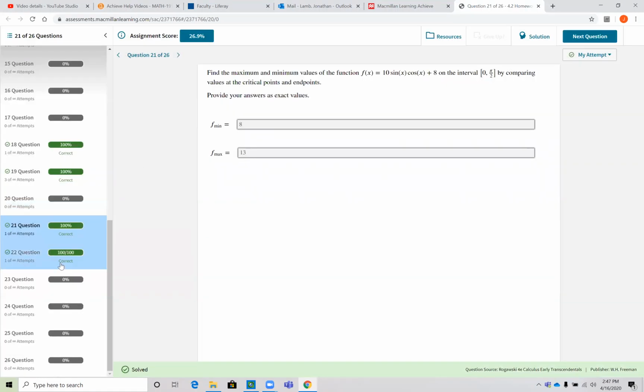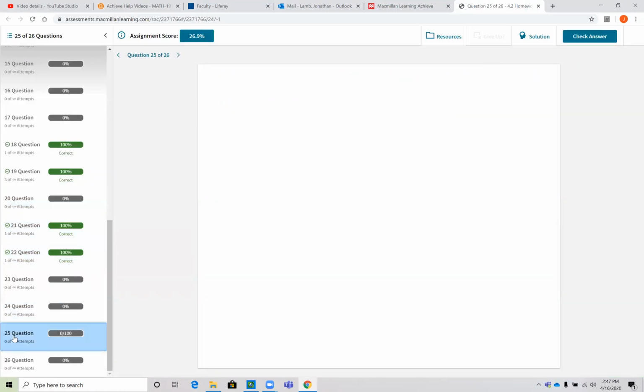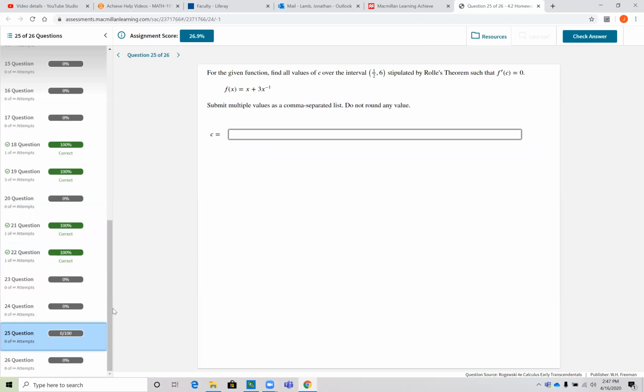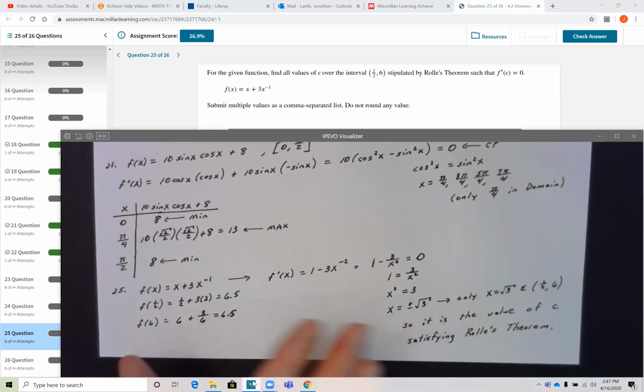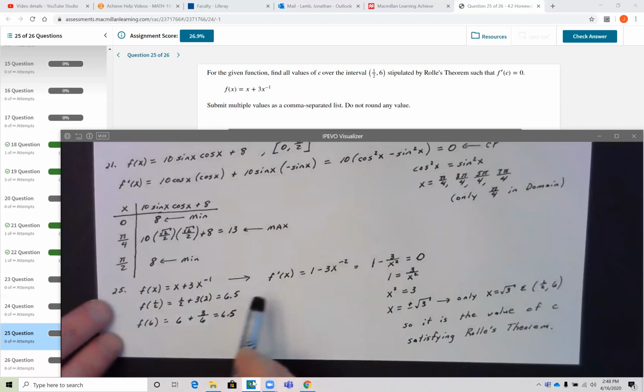Now, the last one, I really like this one, the problem dealing with Rolle's theorem. Rolle's theorem just stipulates that if a function begins and ends at the same point, then the derivative has to be 0 for some x value in between those two endpoints. Here, it's asking us to consider Rolle's theorem for the interval 1/2 to 6.